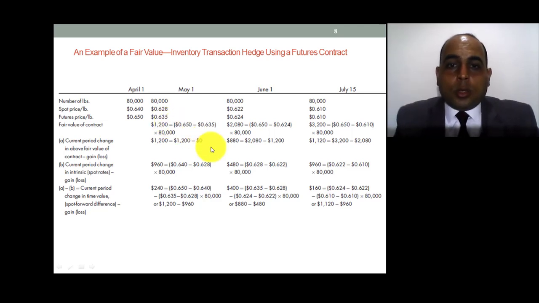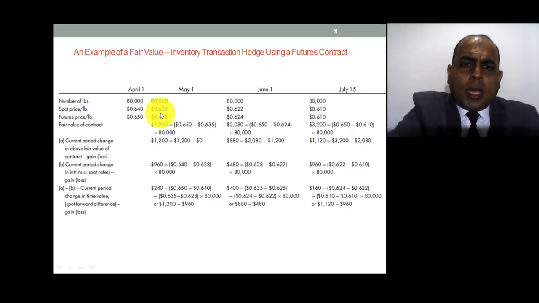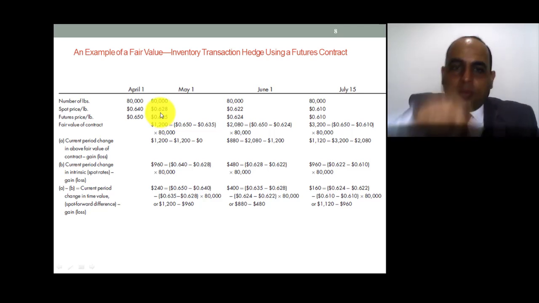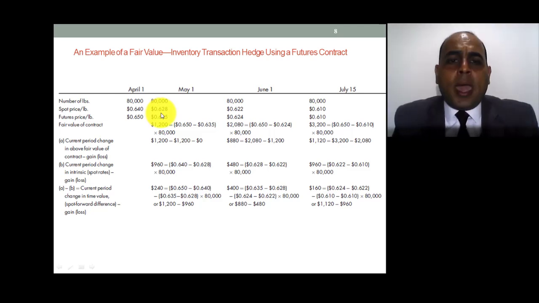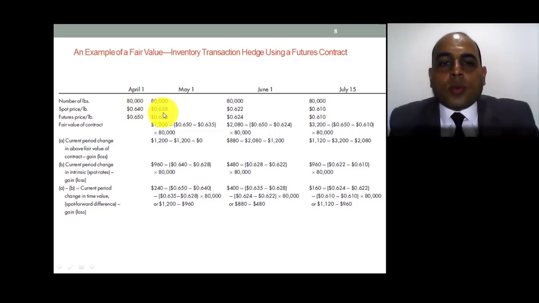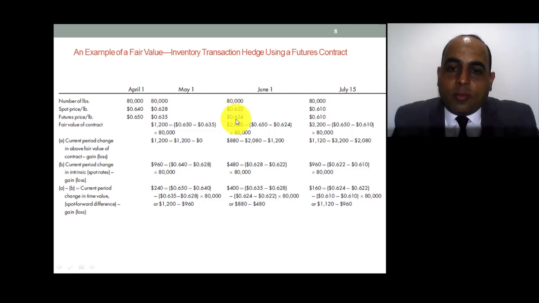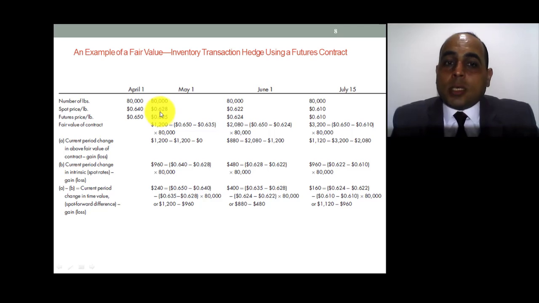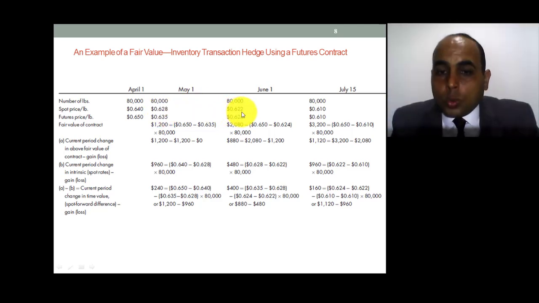Now the price has dropped from 640 to 622, but already we calculated part of this difference in the previous month, May. We calculated the difference from 640 to 628. Here we calculate the difference from 628 to 622. It has dropped because of holding the inventory. So again we are talking about a loss of 480 because we are holding the inventory and the price has dropped from 628 to 622.